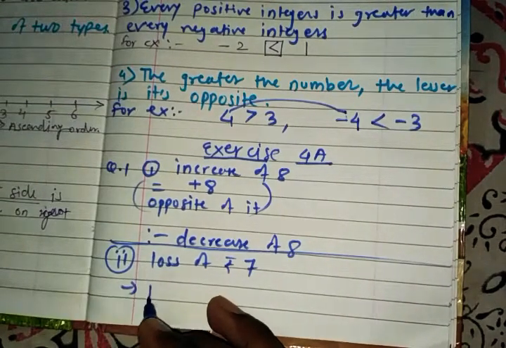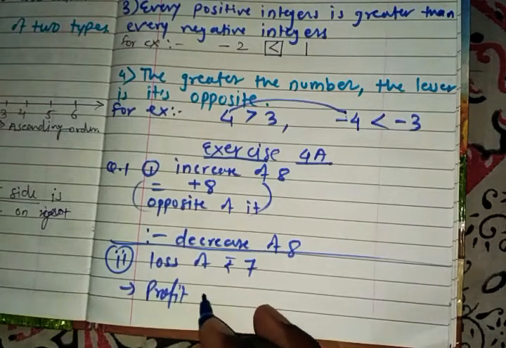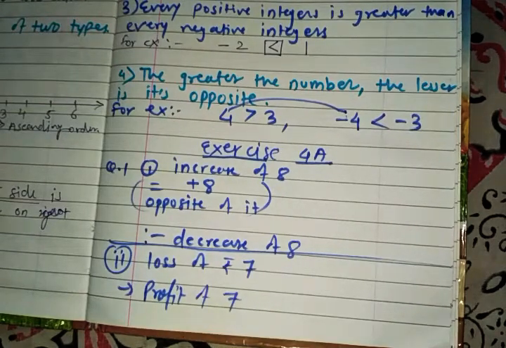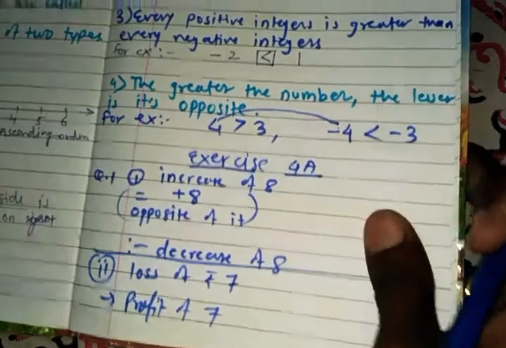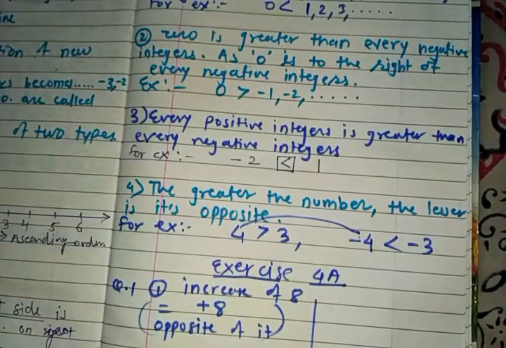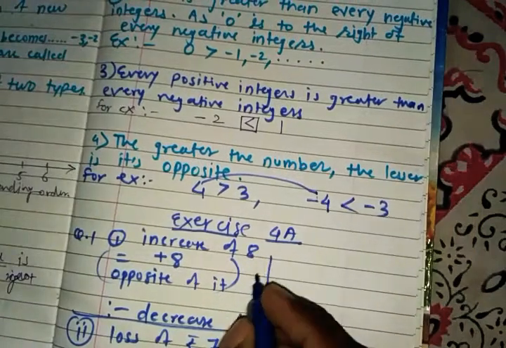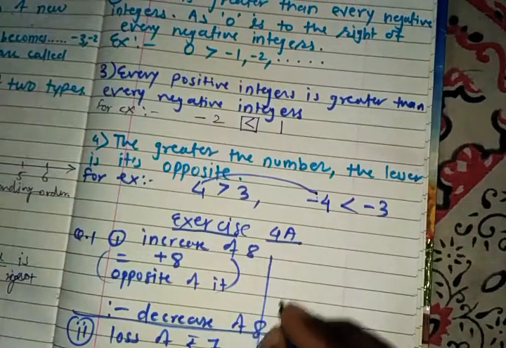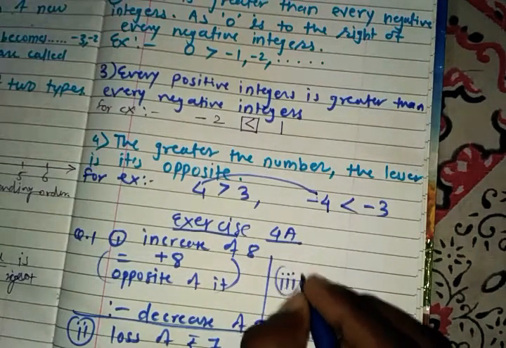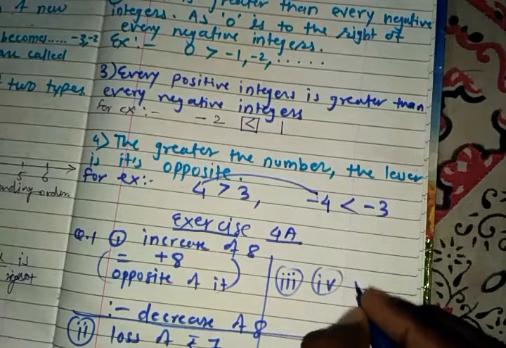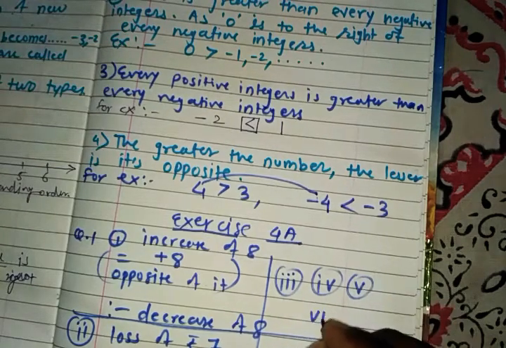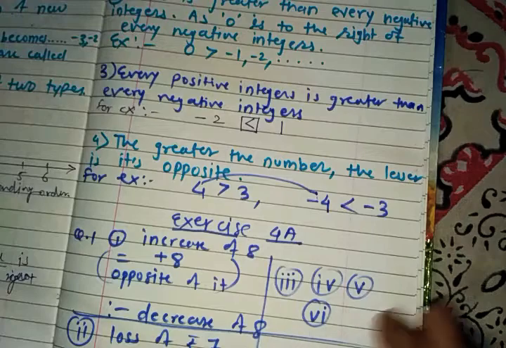So I can write the answer: profit of 7, right? In this way you have to solve the remaining questions, that is 3, 4, 5 and 6 of question number 1.